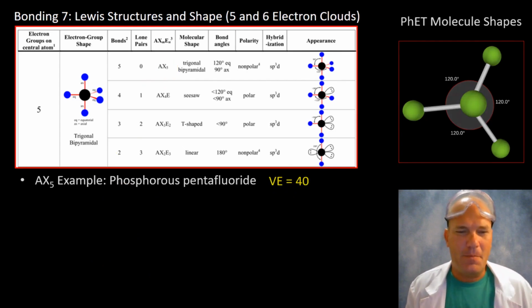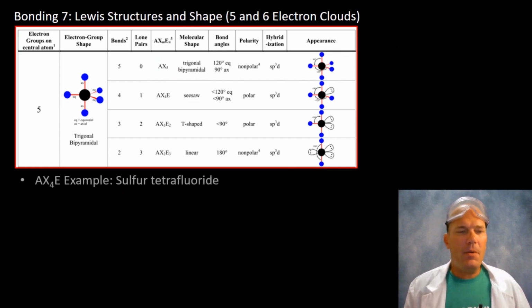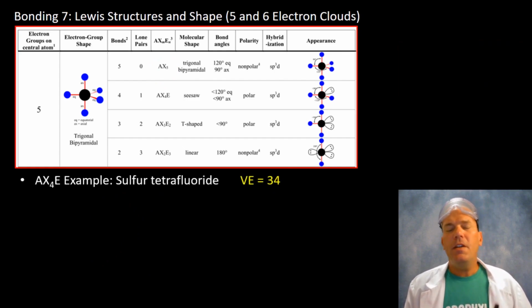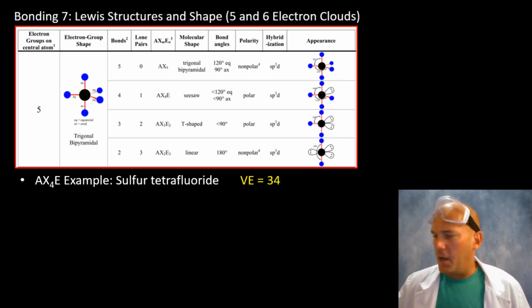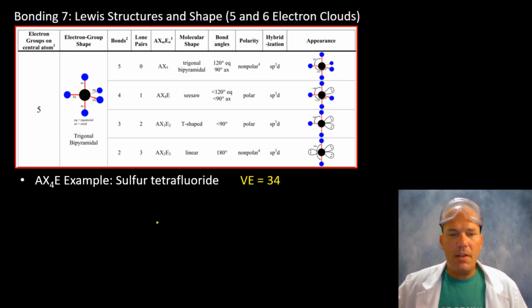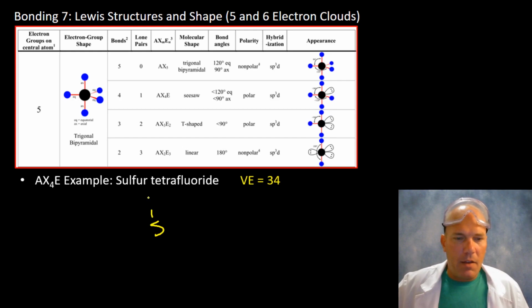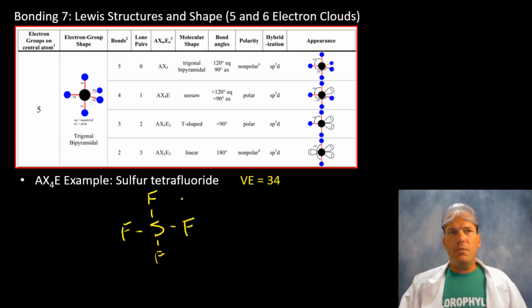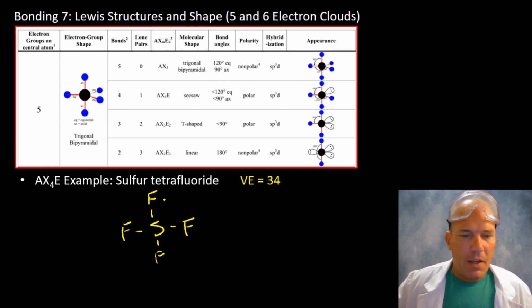Okay, so next example, sulfur tetrafluoride. So let's get started with that. And we have a total of 34 valence electrons. Again, hopefully you're pausing it and giving this one a shot, okay?